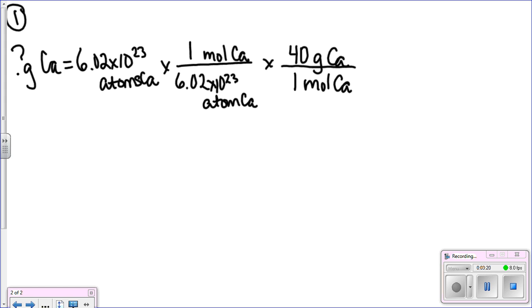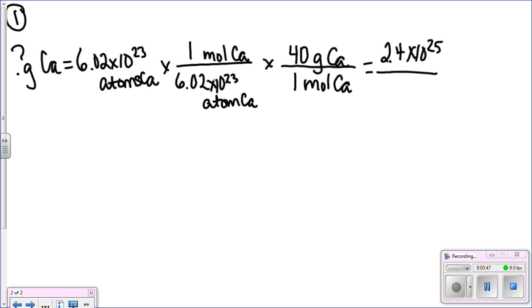Now to solve my problem, I always multiply all of my numbers on top, write that answer down, multiply everything on the bottom, write that answer down, and divide. So I would take 6.02 times 10 to the 23rd times 1 times 40, and that comes out to be 2.4 times 10 to the 25th.